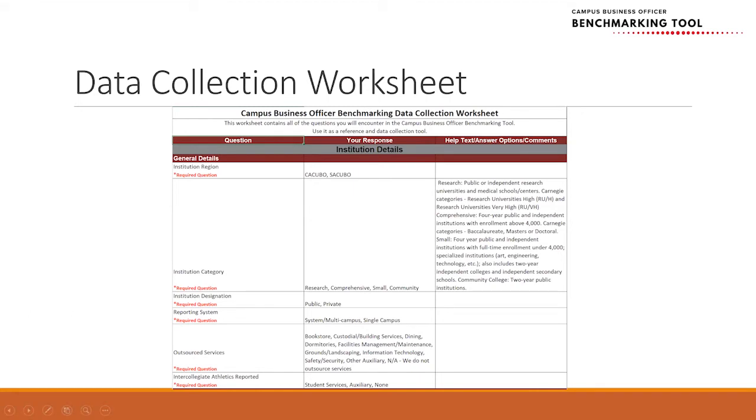So public versus private, category of research, comprehensive, small, community college, et cetera. All different ways to look at ourselves, so that once we've collected that data, you can slice the data into peer groups and identify institutions that look most like what you want to compare to. So these are all data points that then can be used for comparison purposes.